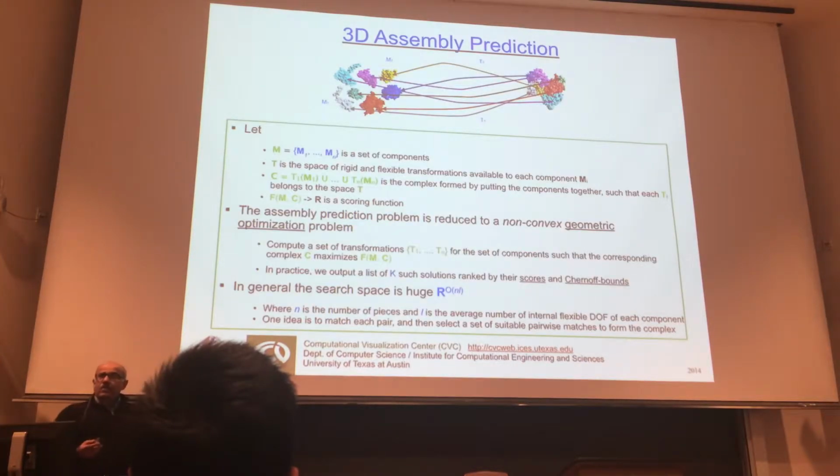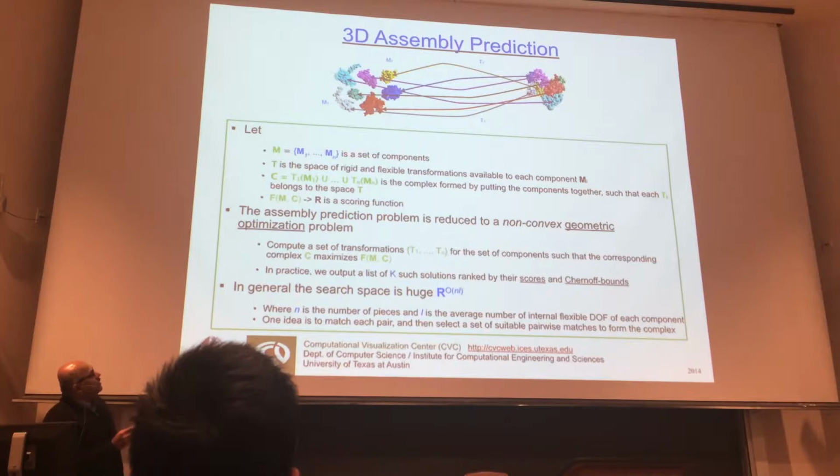So with this model approximation, the 3D assembly prediction problem can be formalized in the following way. You say, suppose I had a bunch of molecular models or components, M1 to Mn, and let me consider T to be the space of rigid and flexible transformations available to each component.